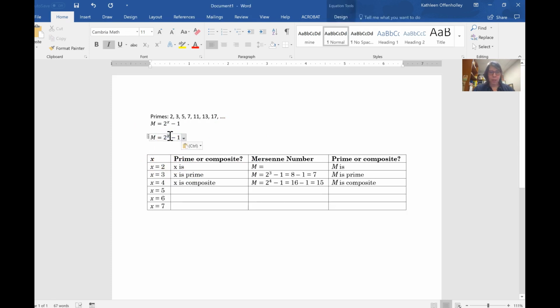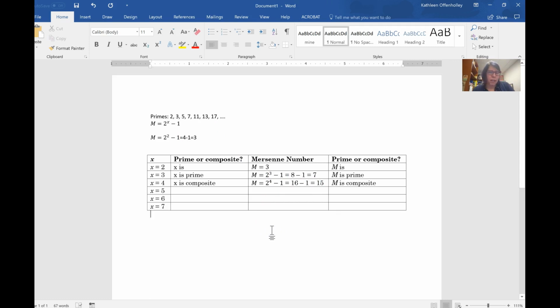So that means we have 2 to the second power minus 1. And you know 2 to the second power is 4, right? So we have 4 minus 1, which is 3. So right in here, we're going to fill this in with a 3 in our table.